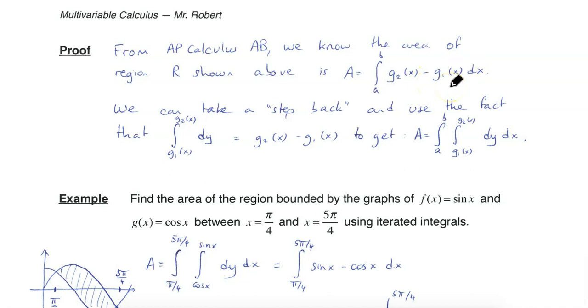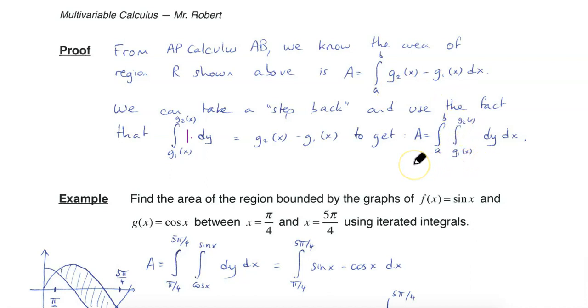But we can take a step back from that and use the fact that actually g2 of x minus g1 of x can be written as the integral from g1 of x to g2 of x of dy. This is 1 times dy, so if you integrate, you can easily see that you get this. And therefore, rather than writing g2 of x minus g1 of x, you can write the integral.